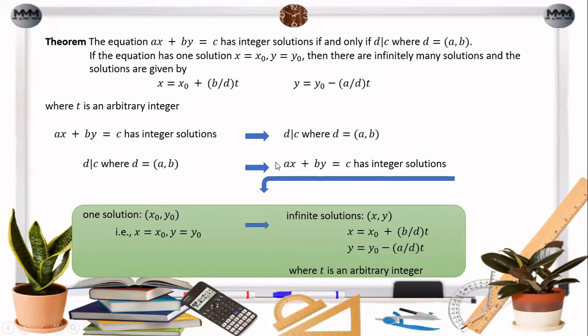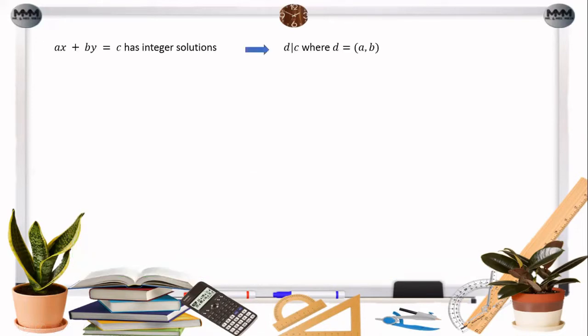However, if d does not divide c, we can say that our linear Diophantine equation has no integer solution. Now let's have an example to elaborate this concept.